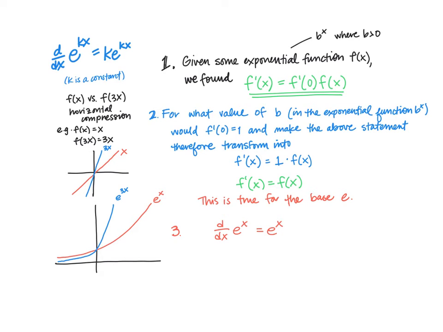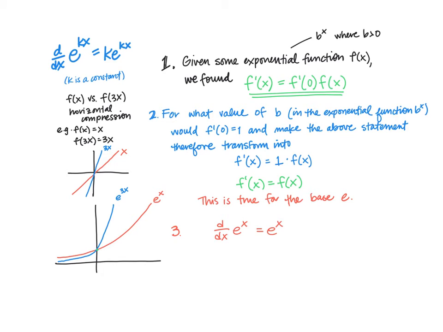You plug in 0 for x, and whether you're looking at e to the 3x or e to the x, you're looking at the same point that it goes through on the graph, right about here. But then, when you look at the slope of the tangent line to each of those individual functions, suddenly you start to see the effect of what happens with this horizontal compression.